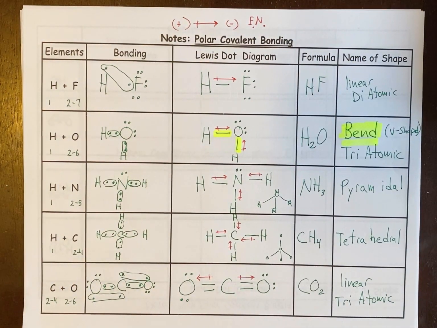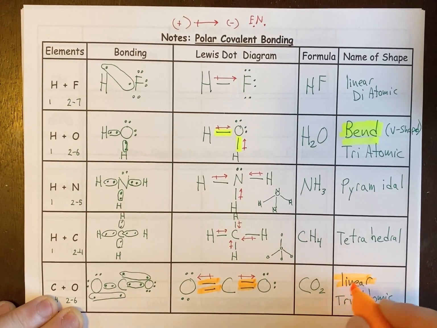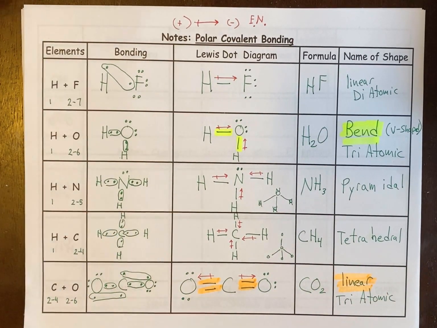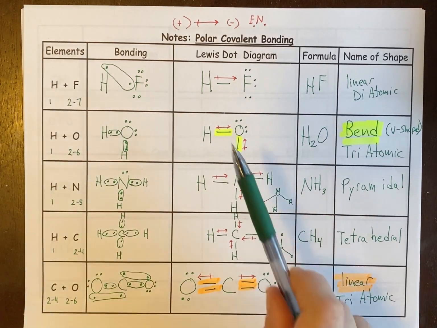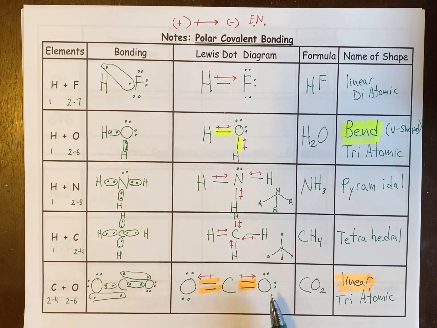And if you have double bonds, you get linear. That's the real difference. So if you have 3 atoms and they're connected with single bonds, it's going to be bent. If you have 3 atoms and they're connected with double bonds, it's going to be linear.